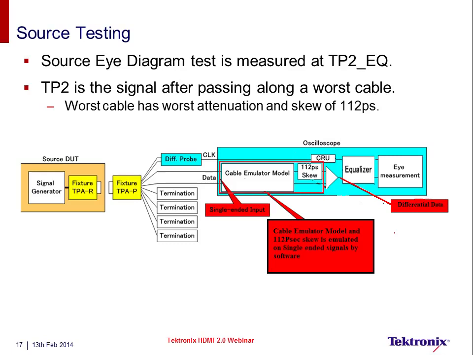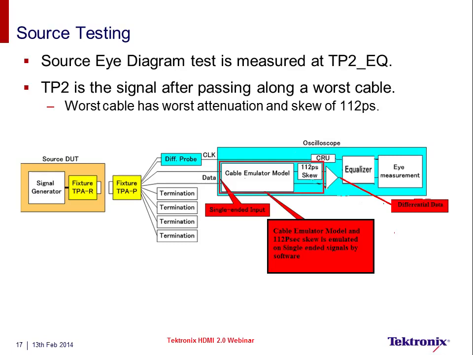The point to note here is the unused data lanes have to be terminated to 50 ohm and pulled up to 3.3 volt to ensure that the entire design requirement of HDMI 2 is met. So basically, the data connection is single-ended while the clock is connected in differential.